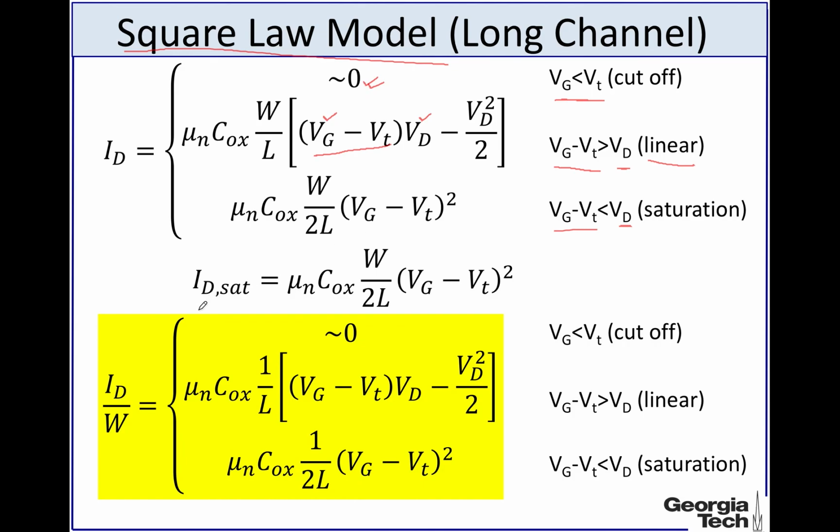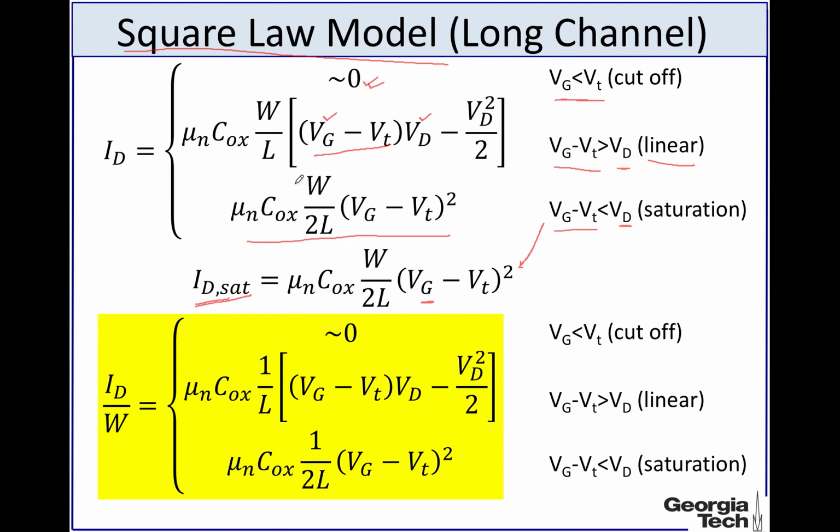And this equation, the current that we get in the saturation regime, we also call the saturation drain current of a MOSFET, and the saturation current depends only on the gate voltage and not the drain voltage when drain voltage is larger than Vg minus Vt.